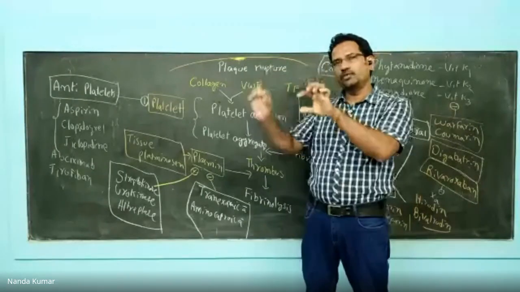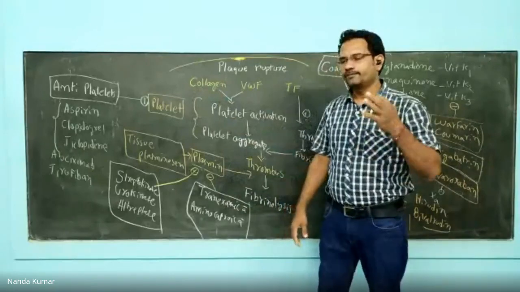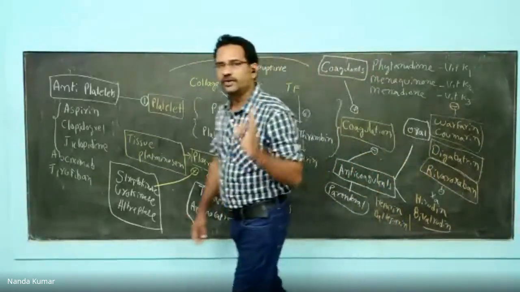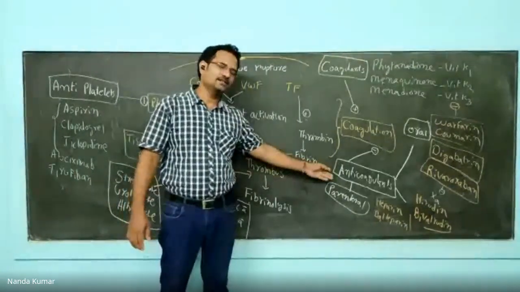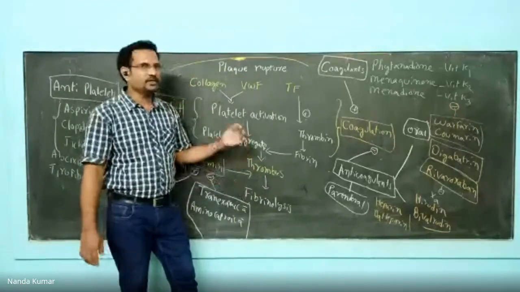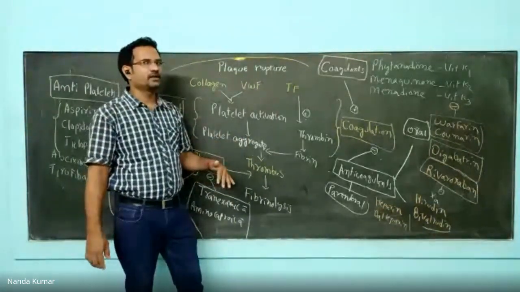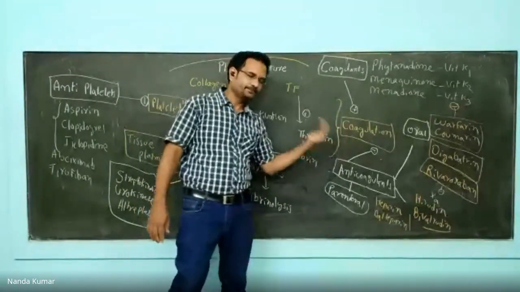A solid mass is moving and will go and block blood circulation. That is known as venous thromboembolism. To control thromboembolism, anticoagulants are used. When the coagulation process is inhibited, thrombus formation is inhibited, and embolus formation will be inhibited. So venous thromboembolism can be treated by these anticoagulants.